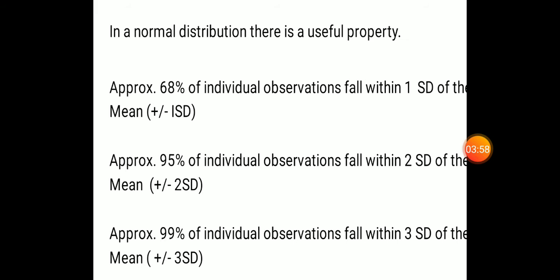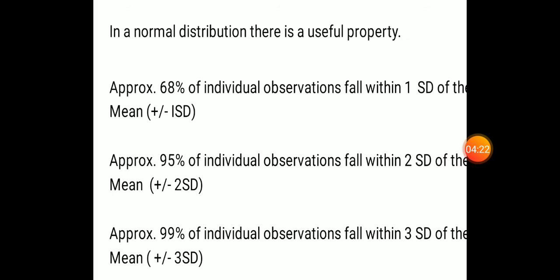If it is normal, we can tell that 68% of individual observations, that means if I have selected 100 students, 68 students will have their height within the range of mean minus standard deviation, comma, mean plus standard deviation.